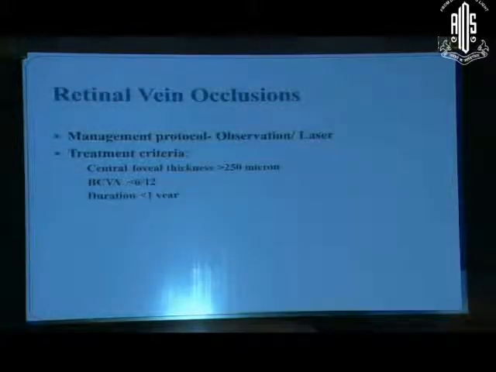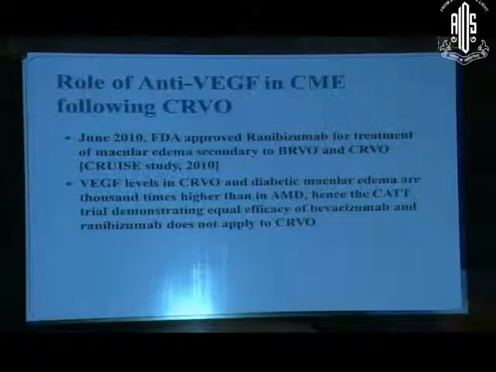Retinal vein and arterial occlusion: the previous protocol has been either observation or laser treatment, but nowadays if the central foveal thickness in these kinds of patients is more than 250 microns, or the best corrected visual acuity is 6/12 or lesser, or if the duration of this disease is less than 1 year, one can easily advocate this kind of therapy, and this has been found very useful for the central retinal vein occlusion, but it has also been advocated that it should be started for the branch retinal vein occlusion also, where there is an associated macular edema.